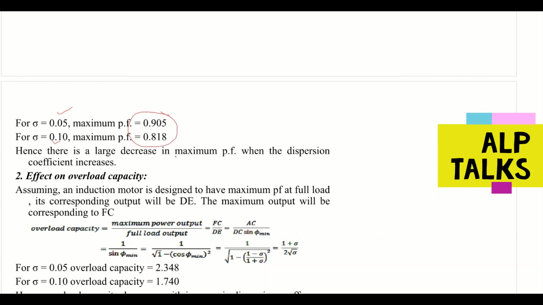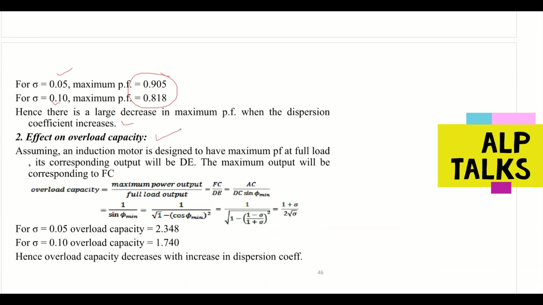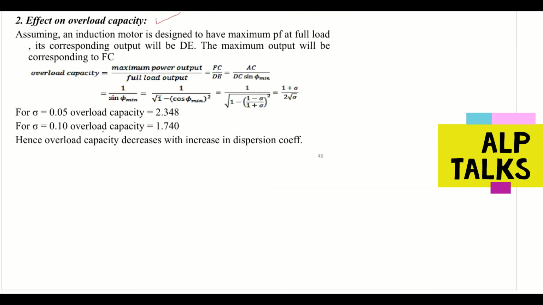Hence, there is a large decrease in maximum power factor when the dispersion coefficient increases. So what is the impact on overloading capacity? Overloading capacity also decreases with the increase in dispersion coefficient. So this dispersion coefficient we should calculate thoroughly.